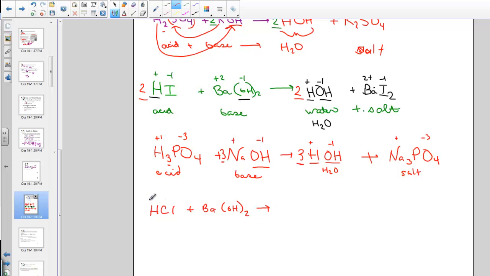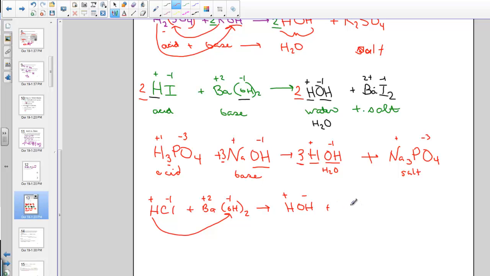And remember, acids start with H, they're +1s. Chloride is a -1. Barium is a +2, hydroxide -1. So when H goes to OH, we make a water molecule, electrically balanced with 1 proton and 1 base ion.